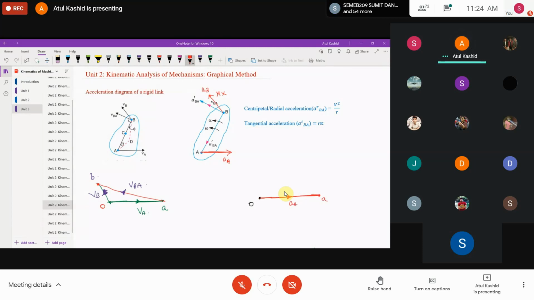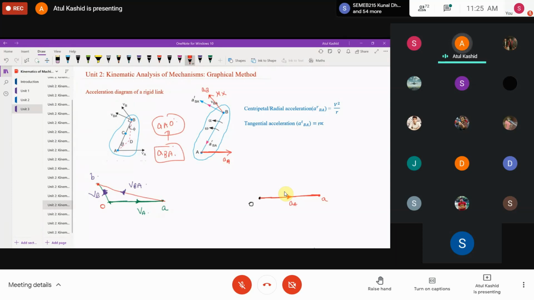And now I'm going to talk about the link AB. First I considered the point A, that means acceleration of A with respect to some fixed point, right? So this was my absolute acceleration, but I'm going to talk now about A of BA, that means the acceleration of point B with respect to A, right?